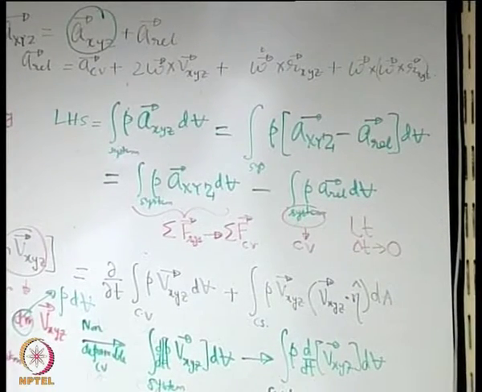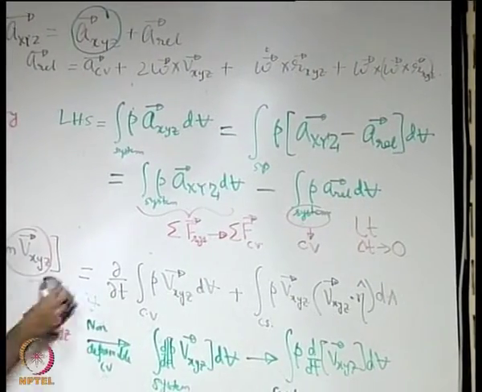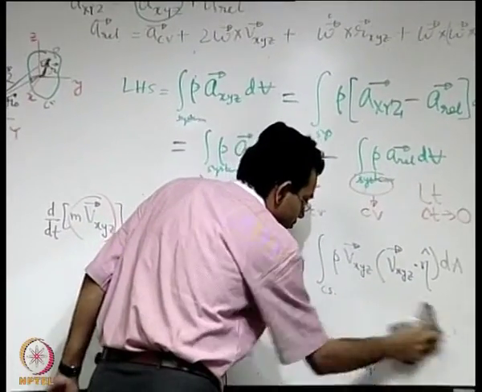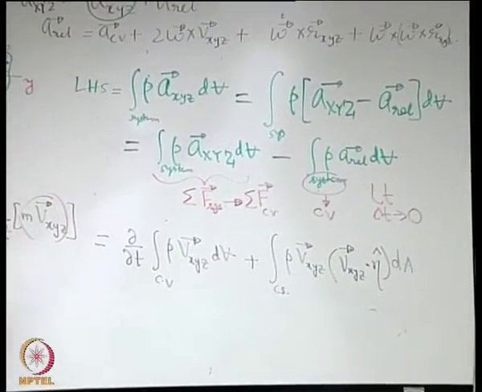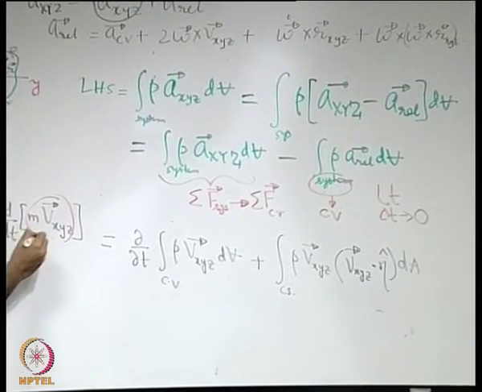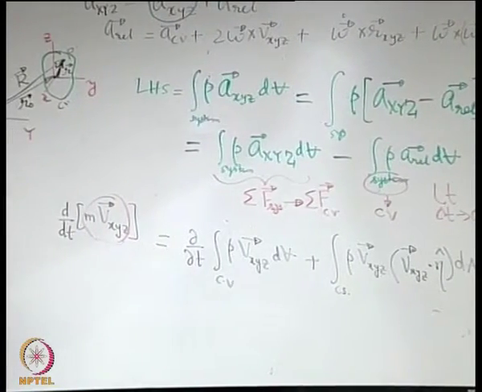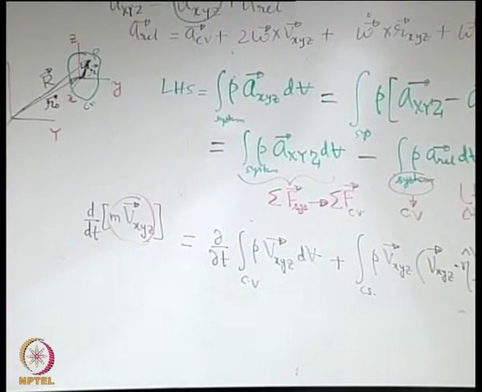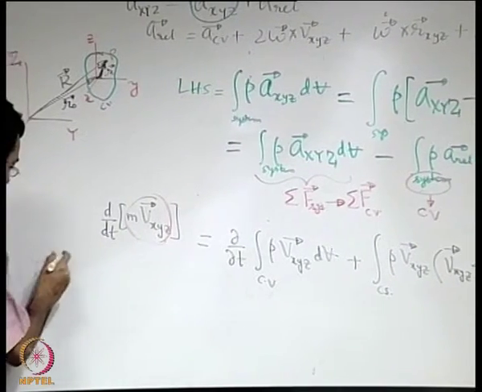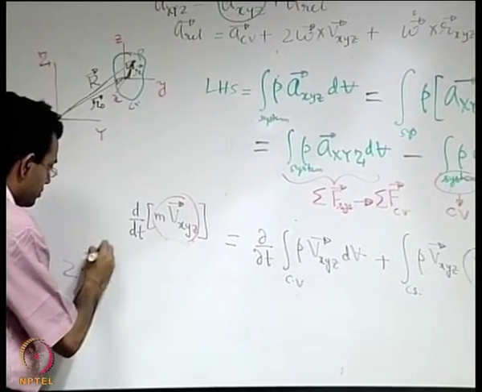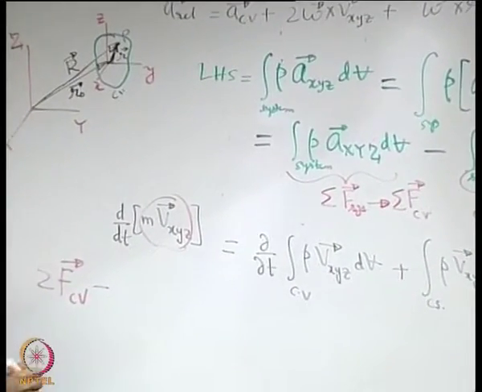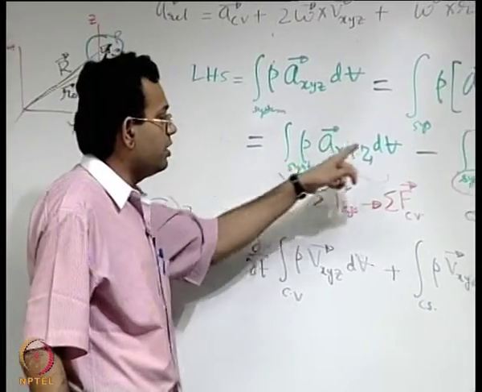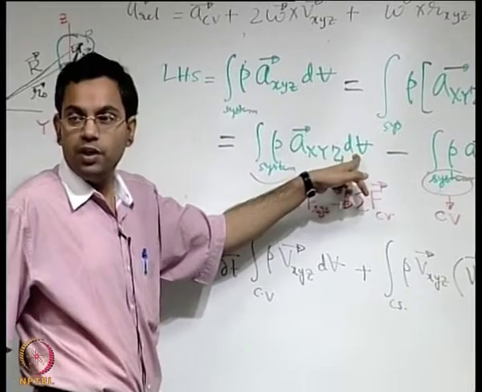So, what is the final form of the equation that we are getting? Let us write it in the final form. The left hand side becomes the resultant force acting on the control volume, minus, let us say, integral of rho dV, which you can say as dm, elemental mass.